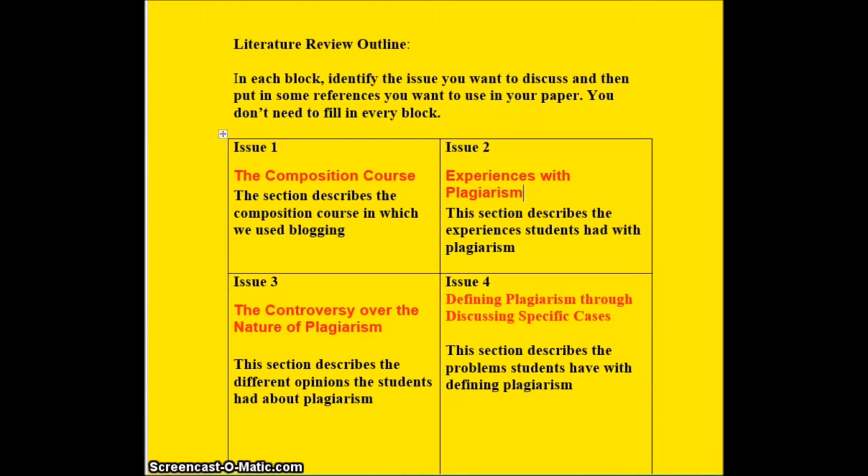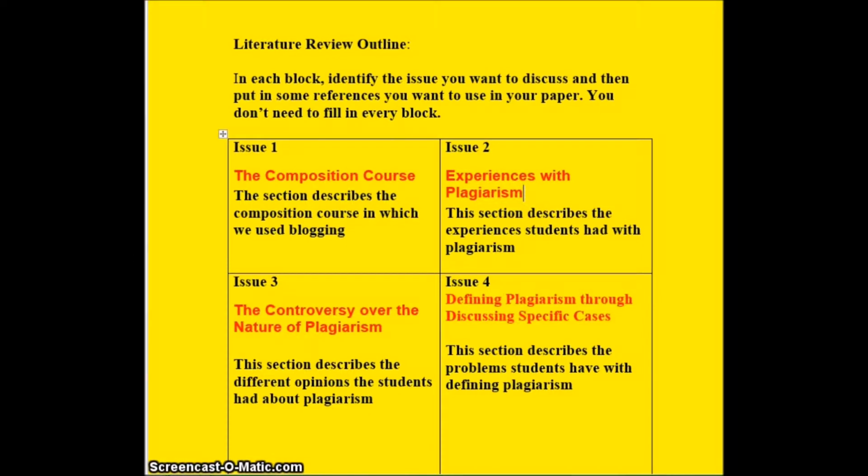Now, you may notice that I've started with the second part, the literature review. We haven't talked yet about the introduction. That's because normally when you do research, you do your research first and then you write up your paper. So in this case, we're going to talk about doing your research first and then writing the paper second.